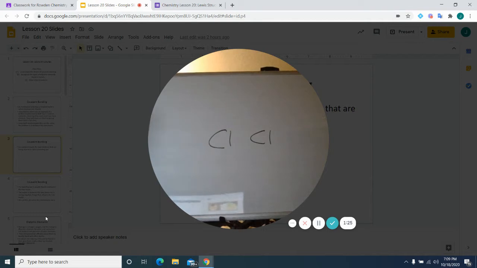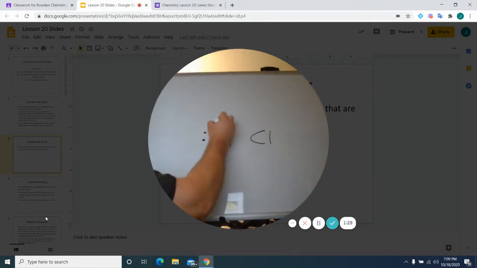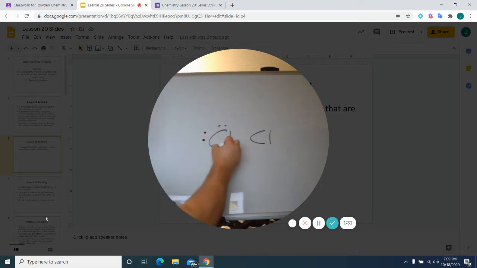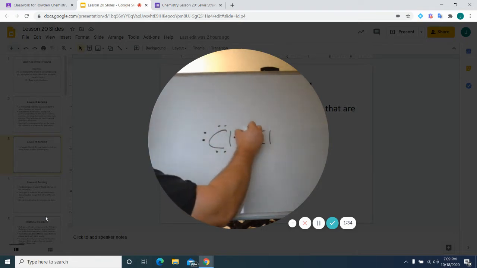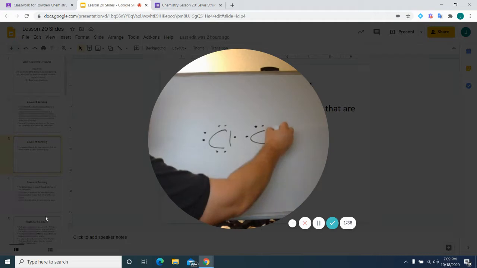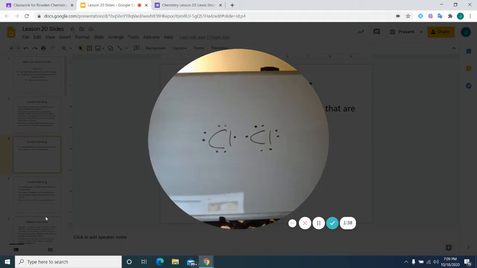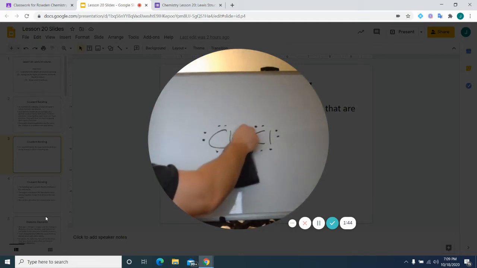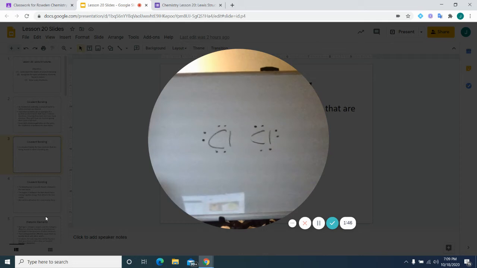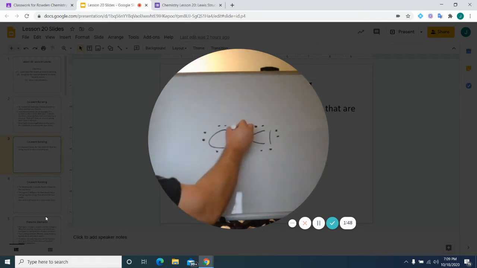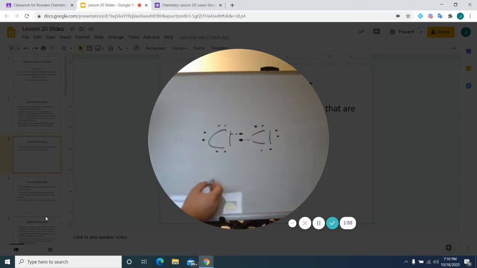So if you have a chlorine and then another chlorine right there, and this chlorine has 7 valence electrons, and then this chlorine has 7 valence electrons, then what they could do is they could just align themselves where that 7th valence electron that this chlorine has, we'll put it right here, and then the 7th electron from this one, we'll put it right here. So it would be like, that's where they each came from.